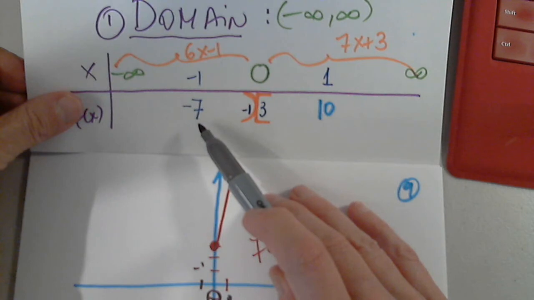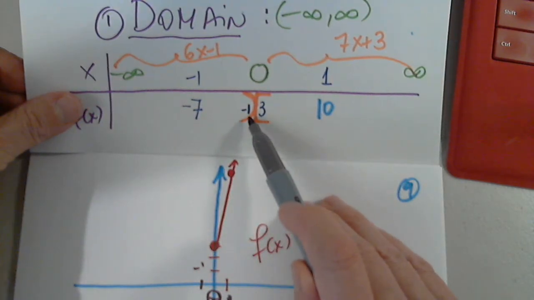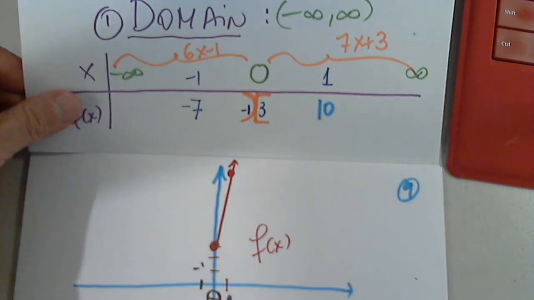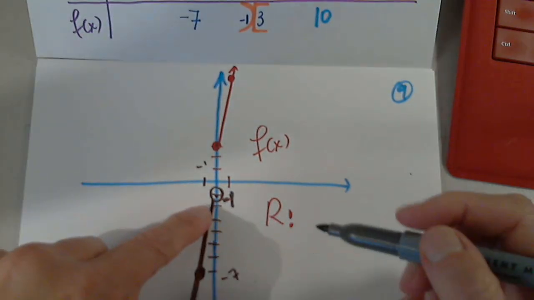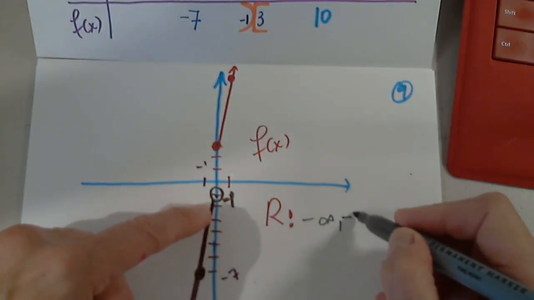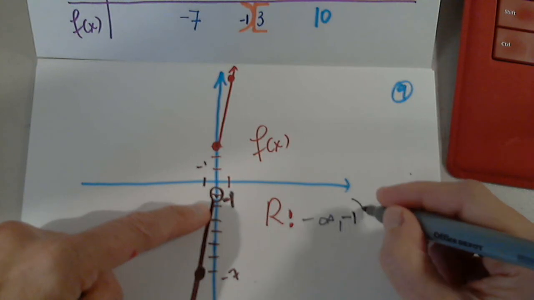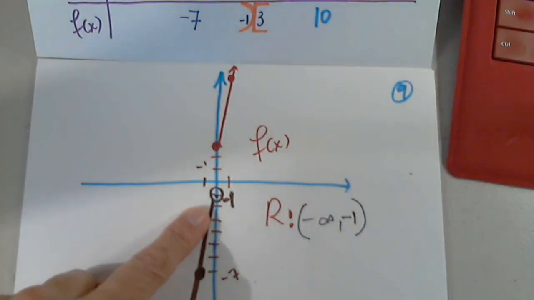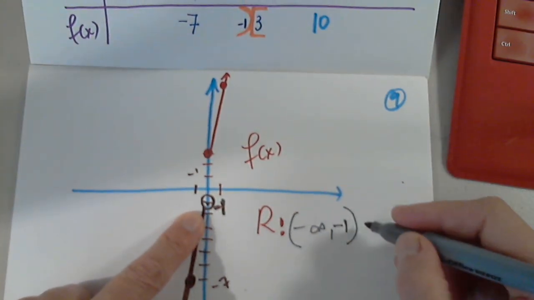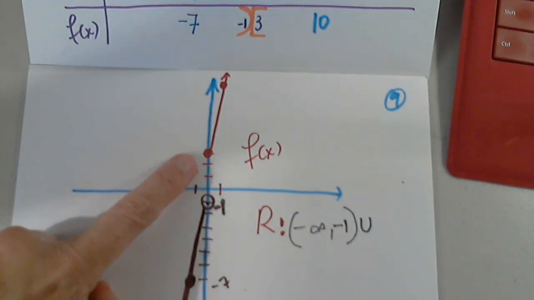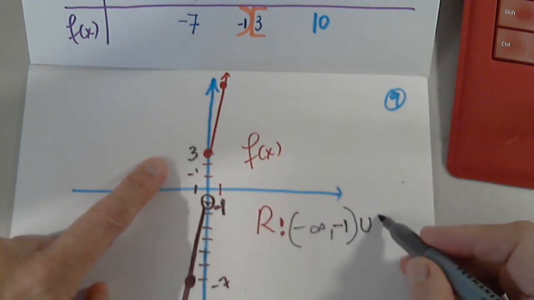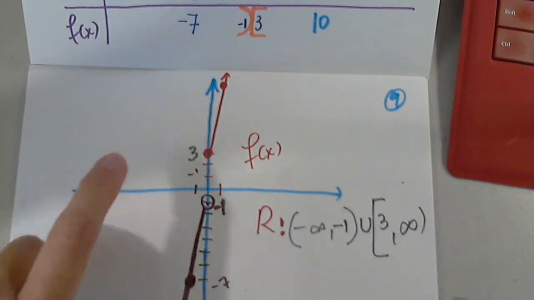Here they are. Oh, negative infinity. Okay, so it's negative infinity, bracket negative 1. Union, 3 to positive infinity. Very good. Excellent.